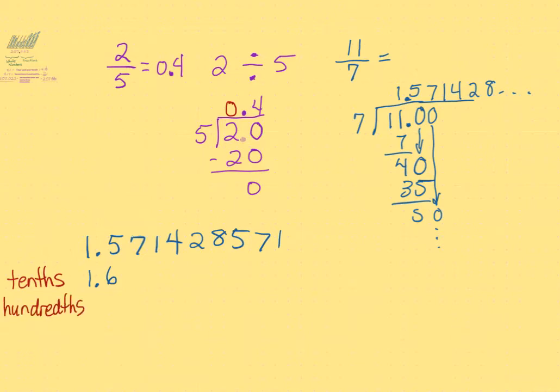If we rounded to the hundredths place, we would be looking at the 1 to determine how to report that 7/100ths. Since the 1 in the thousandths place is less than 5, we would report 1 and 57/100ths.